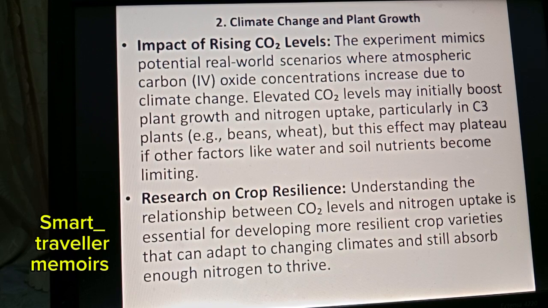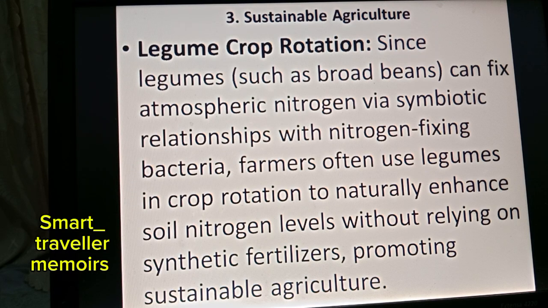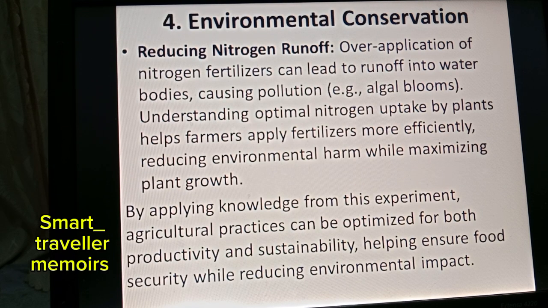Impact of rising carbon dioxide levels: research on crop resilience. Sustainable agriculture: legume crop rotation. Environmental conservation: reducing nitrogen runoff.